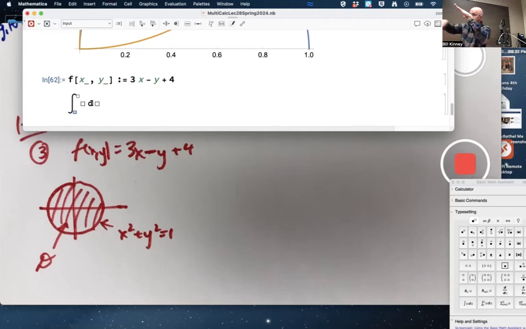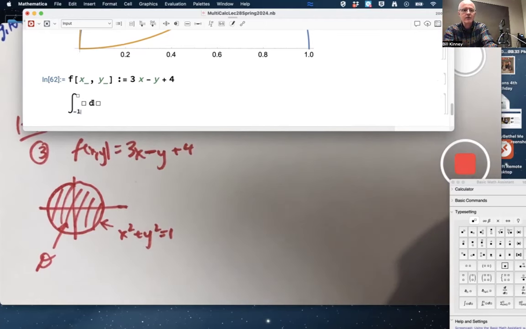And above the circle, that's at the bottom here, we'd let x go from -1 to 1. I'm going to do dy dx here at the end. And y goes from the lower semicircle, negative square root of 1 minus x squared, to positive square root of 1 minus x squared.